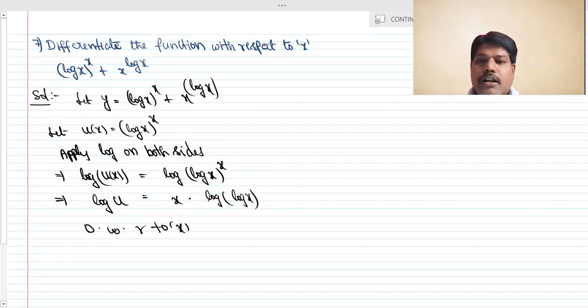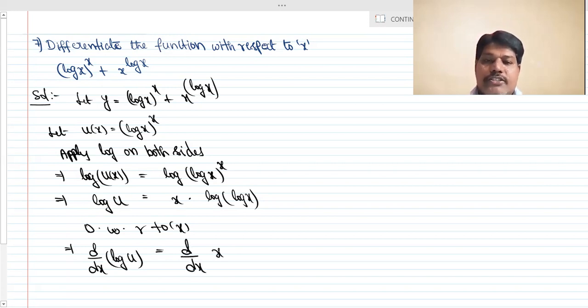So d by dx of log u is equal to the derivative of x into log of log x.